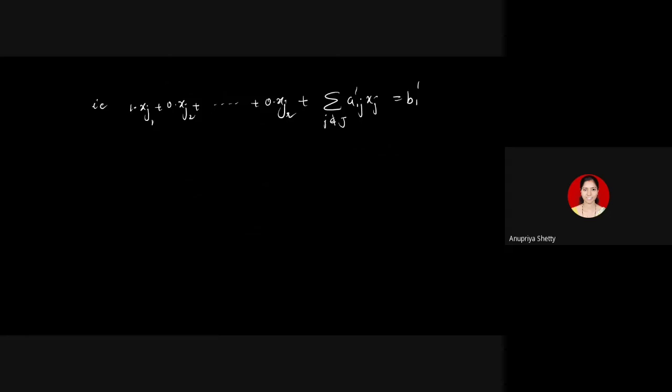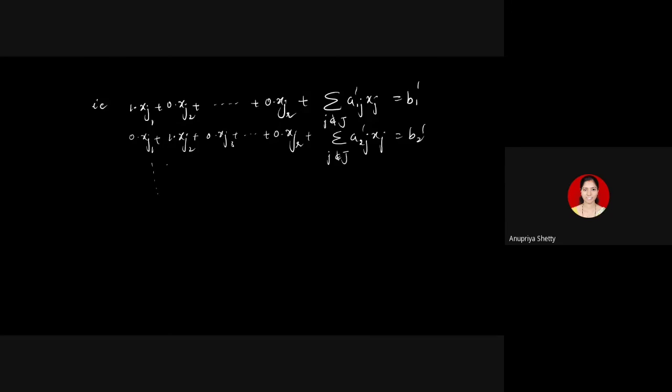And what is our next equation? 1 into xj2 plus 0 into xj1 plus 0 into xj3, etc., plus 0 into xjr plus the next summation, j not in J, a2j dash xj, equal to b2 dash.